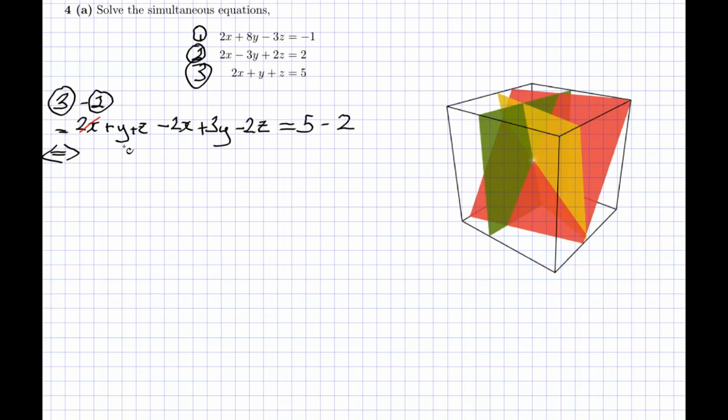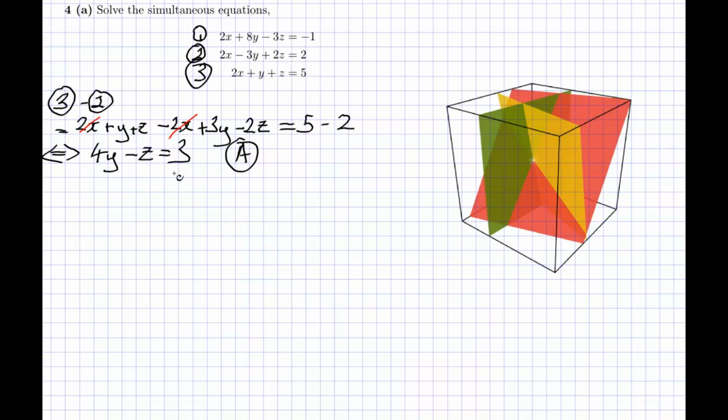So those two x's are going to cancel, and I'm left with 4y minus z is equal to 3. And I'm going to call this equation A. I could call it equation 4, but I find this kind of distinguishes it a little bit better.